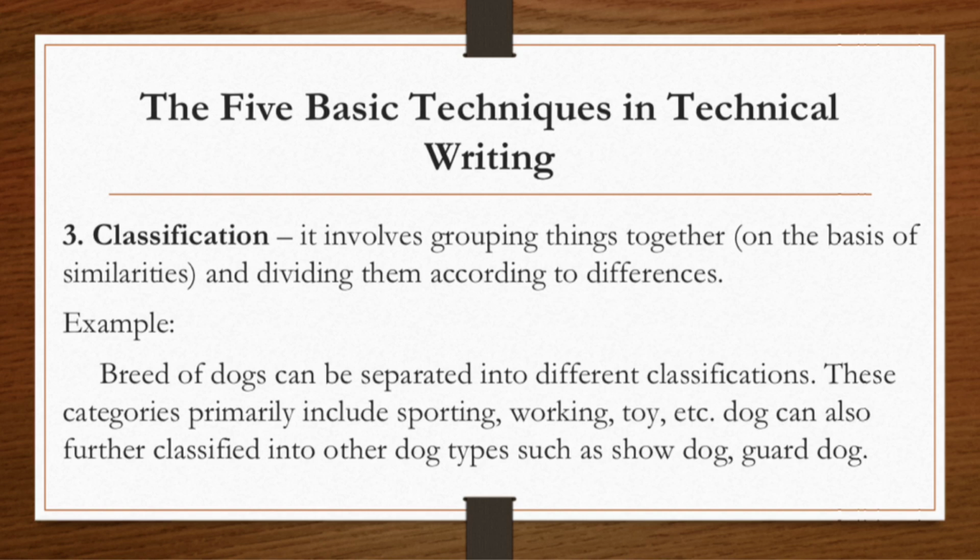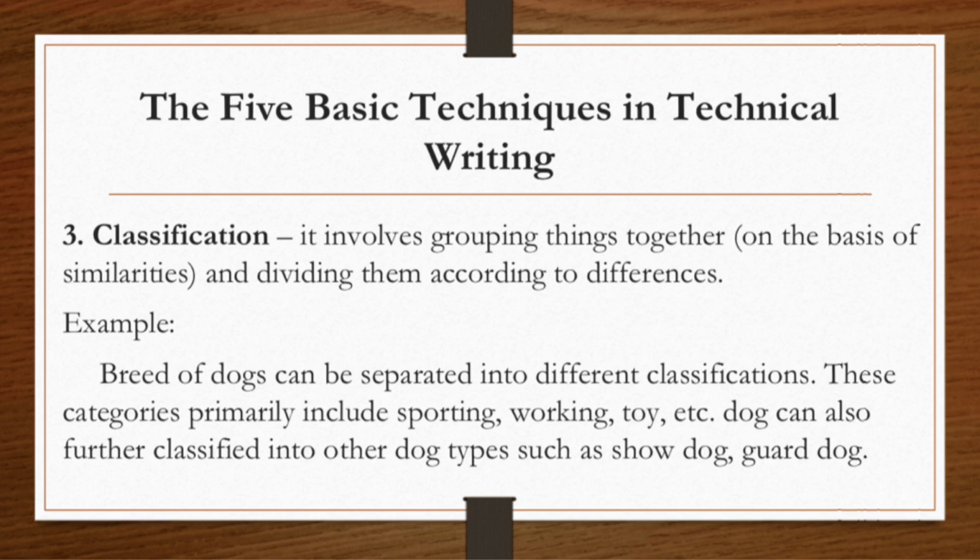In classification, you are going to divide materials into kinds of classes. So it involves dividing the subject into different classes and also grouping similar units into a subclass, which turns into a larger class. So if you are going to classify dogs, it goes like this.